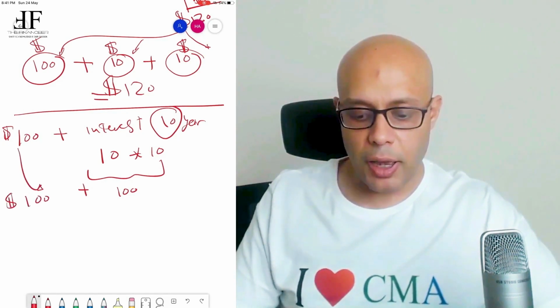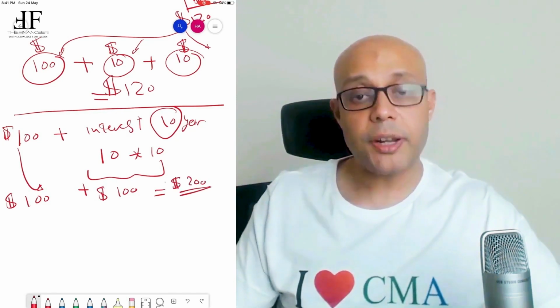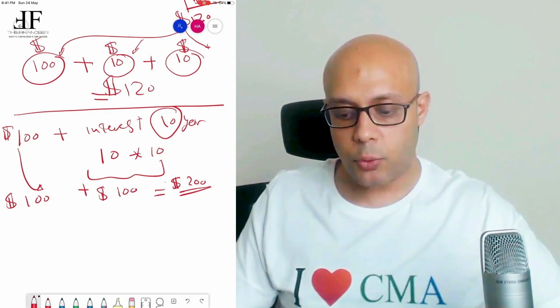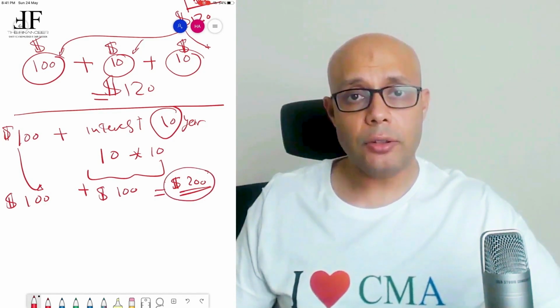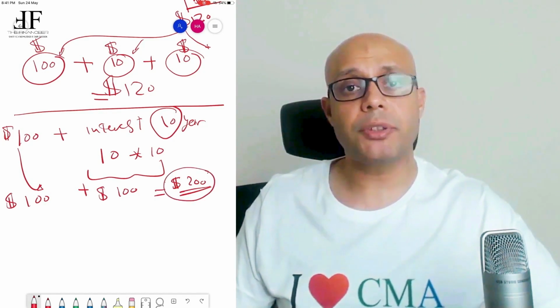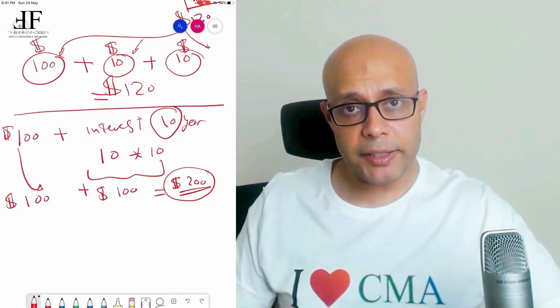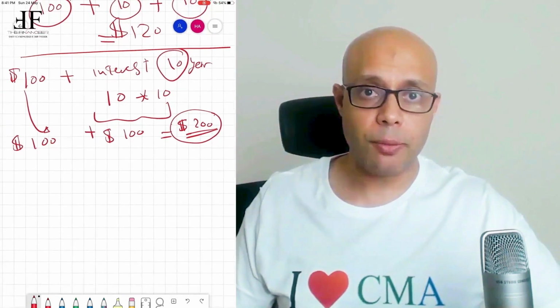So the interest will be $100, plus the principal itself, which is $100 again. So the result will be $200. This will be the ending balance of your investment at the end of the last year, which is year number 10. Let's remember it because we are going to compare it with the compounding interest calculation.